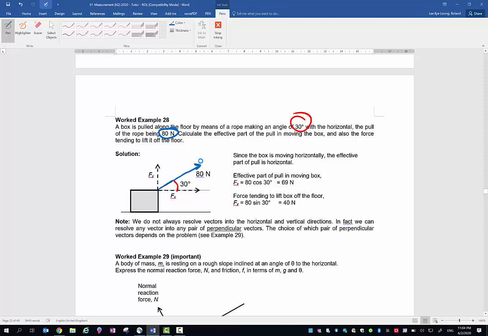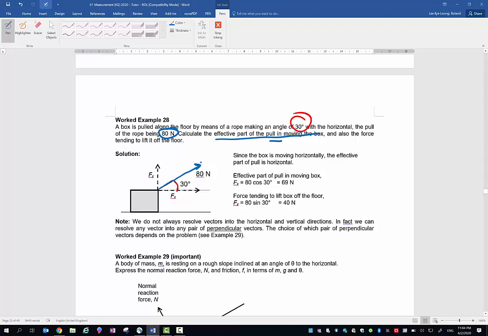Calculate the effective part of the pull in moving the box and also the force tending to lift it off the floor. So basically, they're asking you, what is the effective pull in moving the box? Moving the box is in a horizontal direction, because this box moves in a horizontal direction. So they're asking you what is the horizontal component?